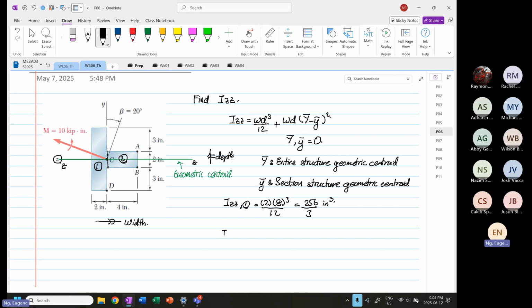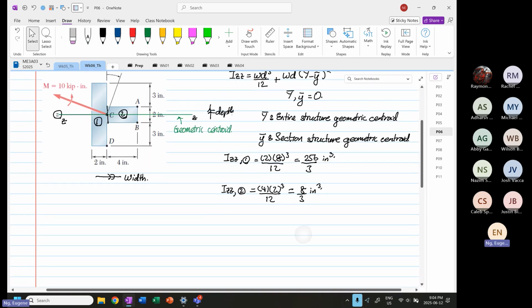And then we're going to calculate IZZ of 2. The width is 4, the depth is 2. So 4 times 2 to the power of 3 divided by 12 is equal to 8 over 3. Let me do it again: 4 times 2 to the power of 3 divided by 12. Yep. And 2 times 8 to the power of 3 divided by 12. Yep.